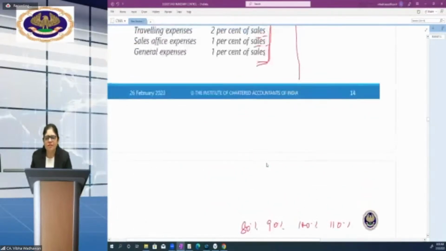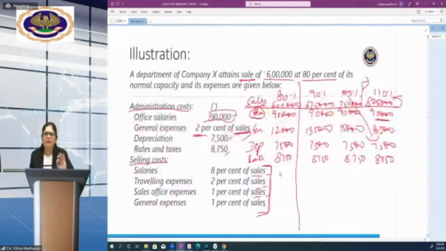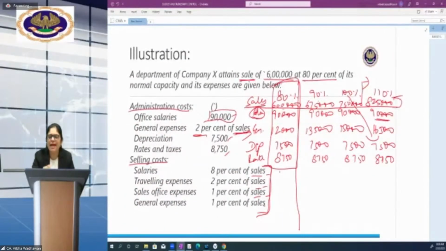If it is a fixed budget, what will it be? Suppose we are talking about a fixed budget, it will only be for 80%. That's it. You expect a level of 90% or 100%, whatever, a fixed budget is not going to change. So if we talk about a fixed budget, it will remain at 80%, no matter what level of activity you are expecting.